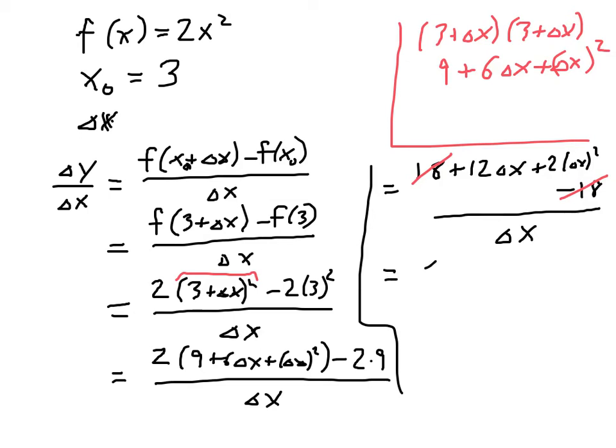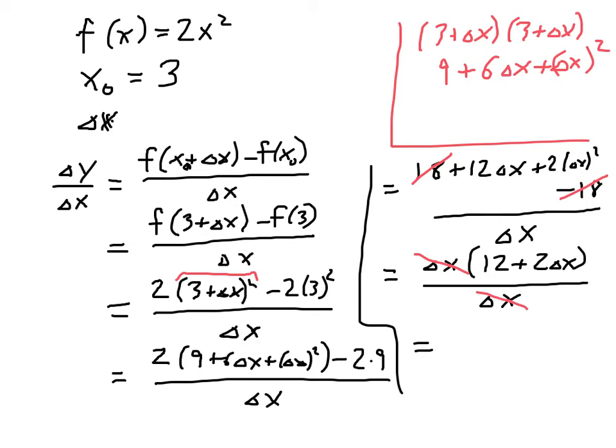We can factor a delta x out of the numerator, which will leave us with 12 plus 2 delta x, all divided by delta x. And the factor of delta x will cancel from numerator and denominator.